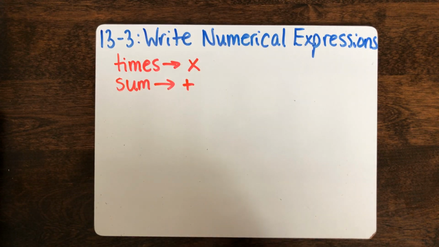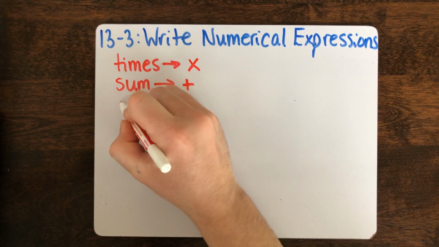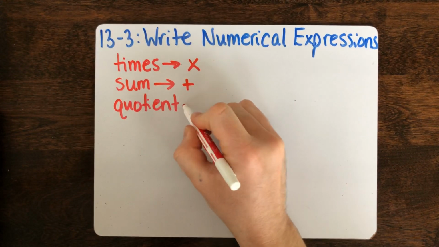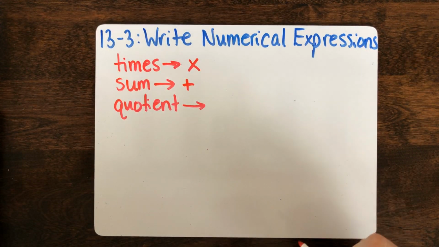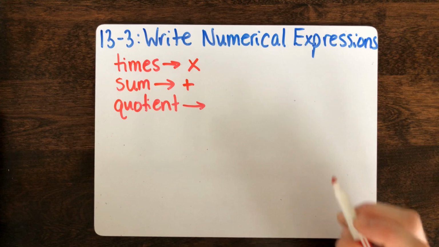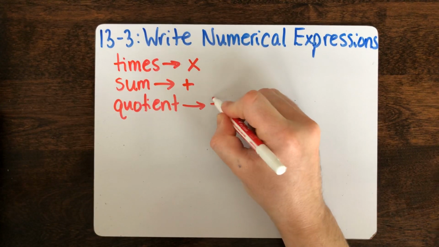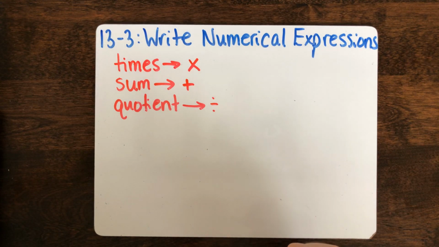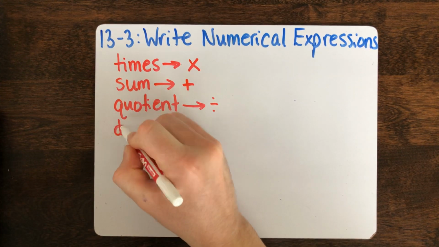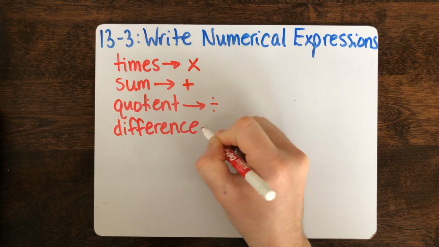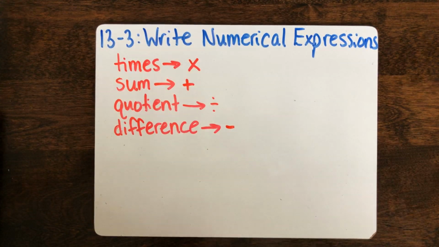Okay? If I were to say find the quotient of 24 and 6, that means that I'm dividing 24 and 6 to get the answer to a division problem. So that's division. If I were to say find the difference of 30 and 5, that means I'm subtracting.